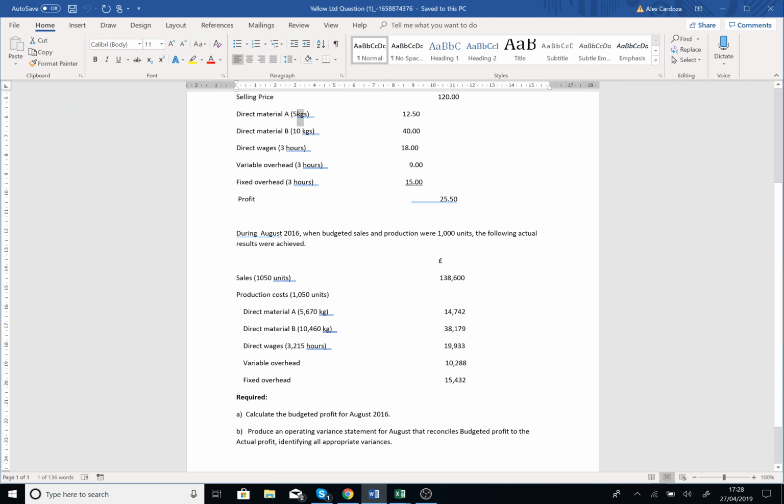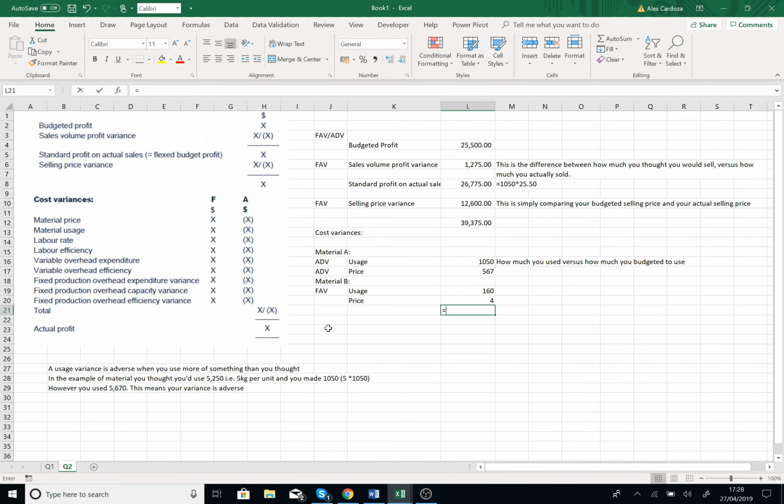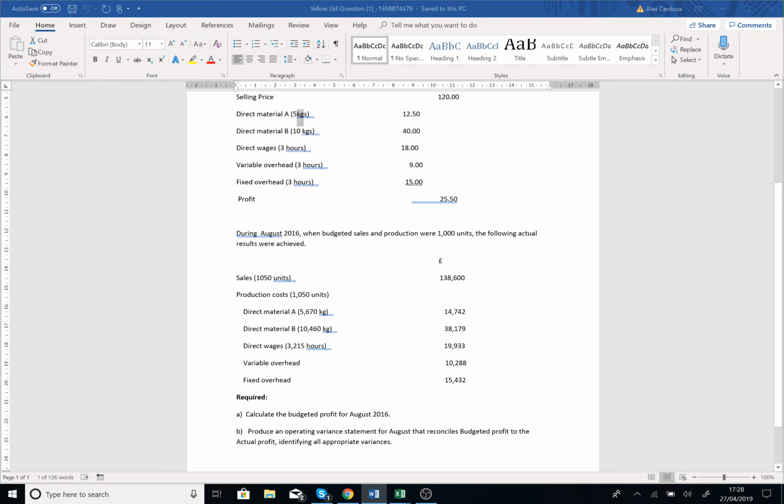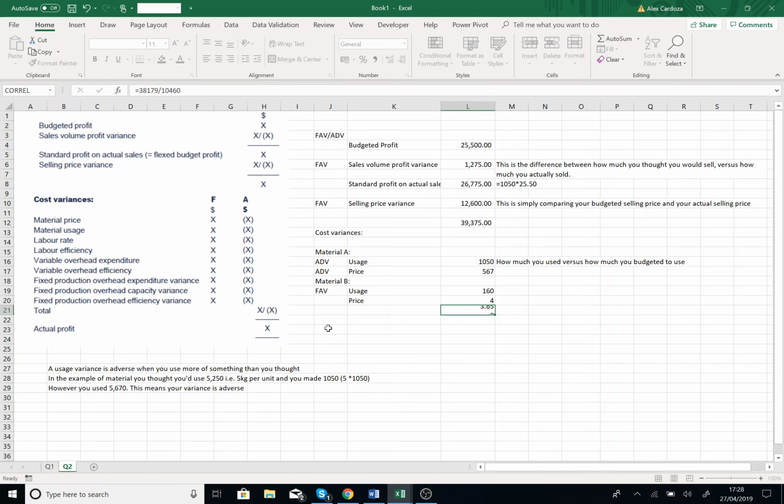The actual price was 38,179 divided by 10,460, which is 3.65. That's a positive favorable variance because we paid less for something than we thought we would.